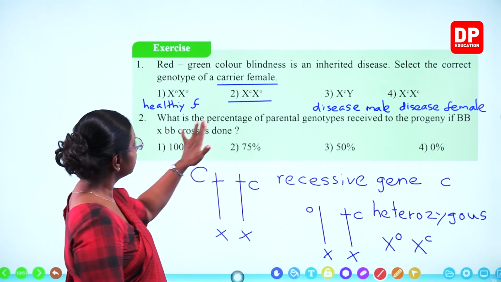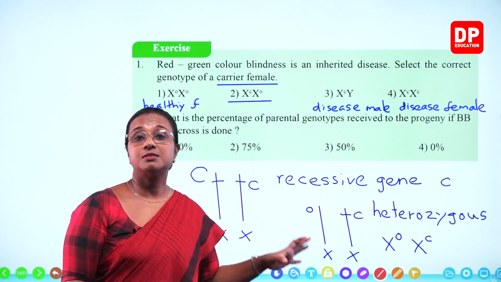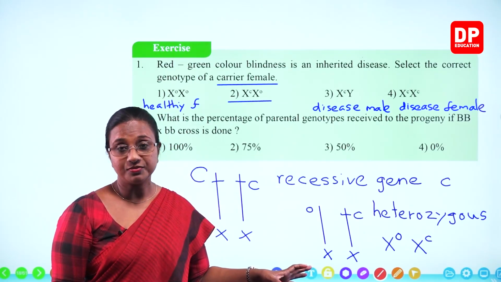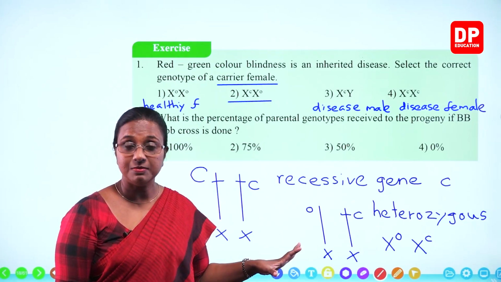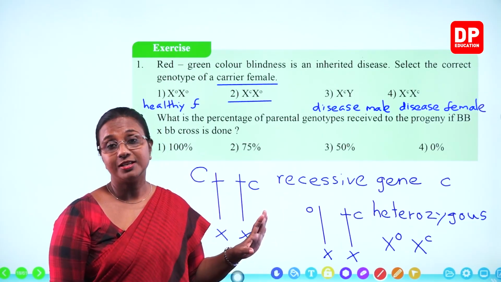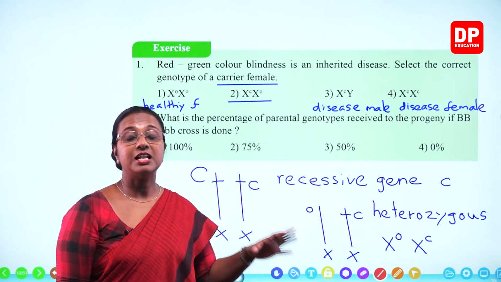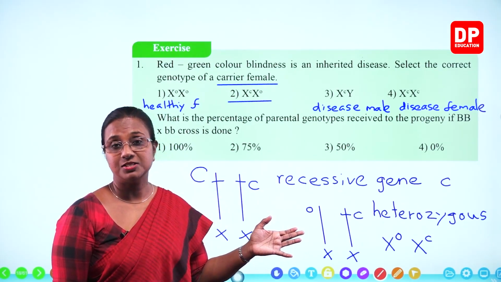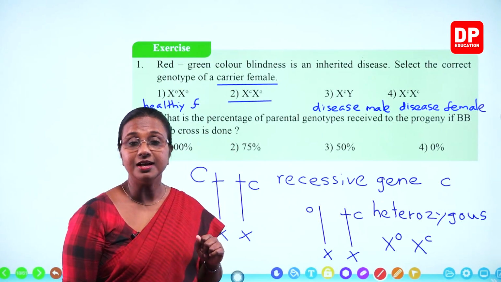Here, simple C means the recessive condition. That means it's responsible for the occurrence of the disease. But if there is no recessive gene, then you will not get that disease. So based on that, you have to look at the X and X combination and find the answer.